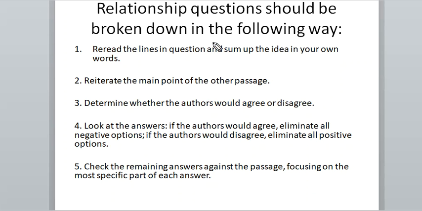Okay? So you decided the main idea from the line given, and then you decide on the main idea of the whole passage. Then you determine whether the authors would agree or disagree.